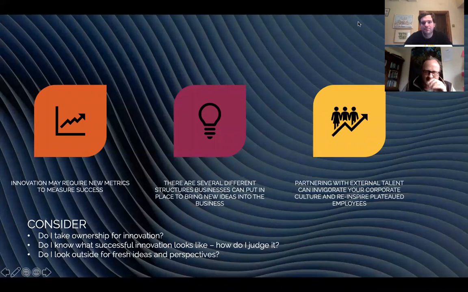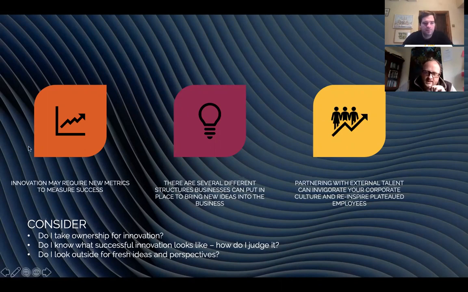The first thing is that we haven't talked much, but we will, about metrics. How are we going to measure the success of innovation using an engine? The second part is that there are several different structures that businesses can put into place to bring new ideas into the business. That could be, as we've talked about, external collaboration or design thinking or lean or whatever it might be.